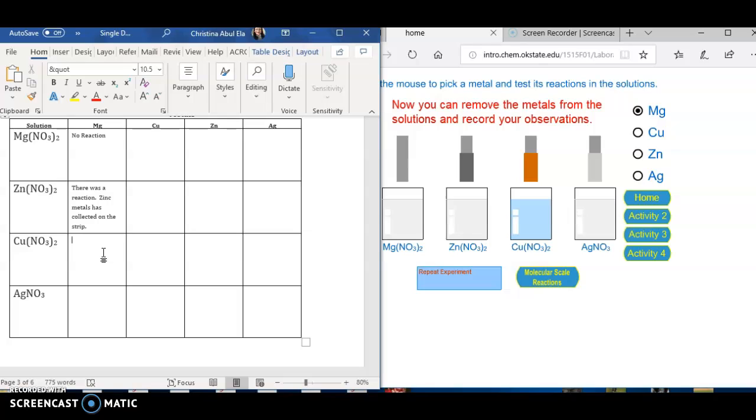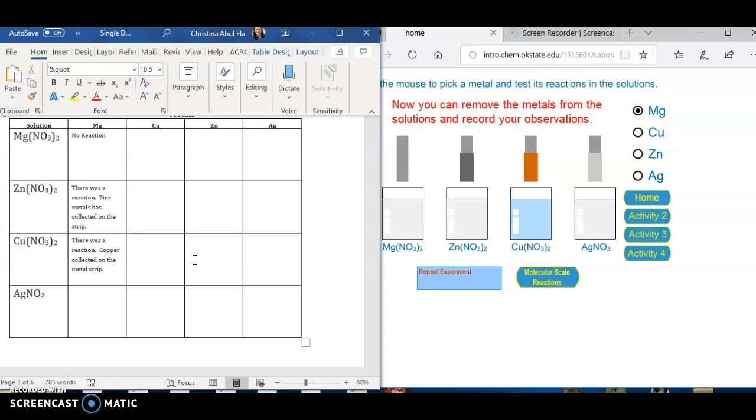And so now I want to go again down. I'm going down the magnesium column. And so magnesium plus copper nitrate, this one here, yes, there was a reaction. Copper collected this time. Clearly that's a copper color, right?